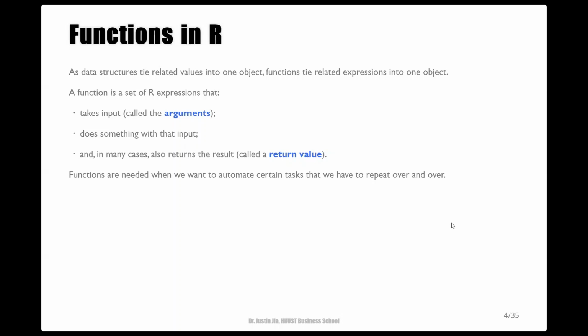So far, we've seen many examples of built-in functions. So now you should have acquired an intuitive understanding of what a function is. In programming, a function is a machine that takes some input, called the arguments, does something with that input, and in many cases, returns output, called a return value.